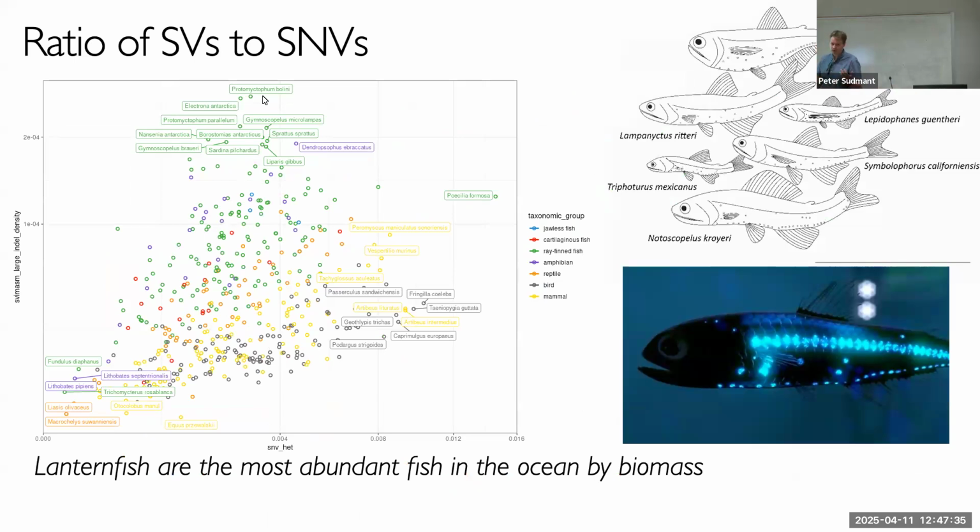And perhaps not surprisingly, but very intriguingly, this is the most abundant taxa by mass of vertebrates on the planet. So this is an insanely diverse group of fish.